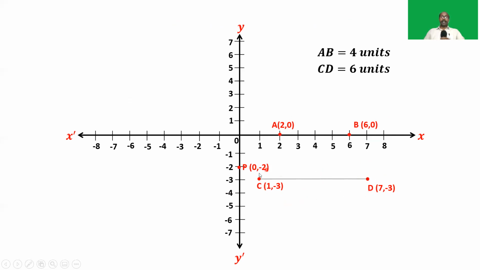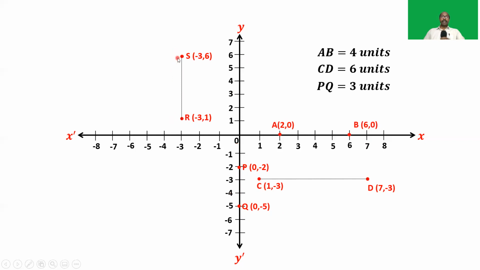And take 2 points on y-axis. P is (0, -2) and Q is (0, -5). And the distance between these 2 points is 1, 2, 3, 3 units. PQ is 3 units. And there is a line segment RS which is parallel to y-axis.